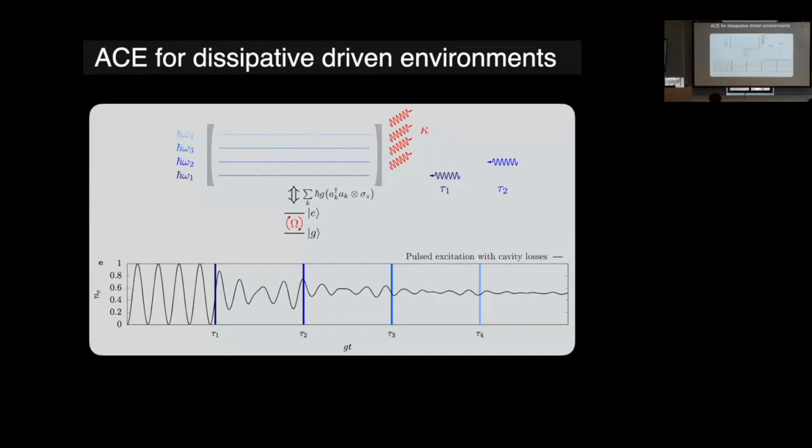We can do that in a time-dependent way at different times, and we can track the excited state of the system as a function of time. Where there's nothing in it, you just get your full Rabi oscillations. Once you start to put photons into these cavity modes, these are the durations of the pulses, you see the dynamics change. I'm not showing the plots, but you can take that apart.